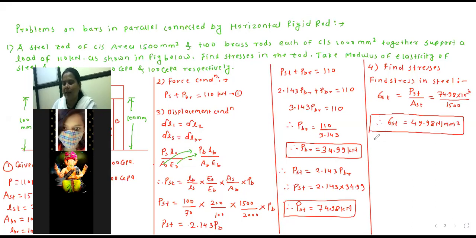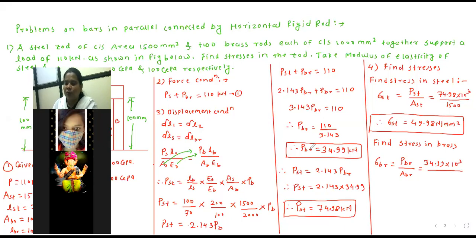After that, we will find stress in brass. Sigma BR is equal to the same formula: P brass divided by area of brass. Load taken by brass is 34.99 into 10 raised to 3 divided by area.